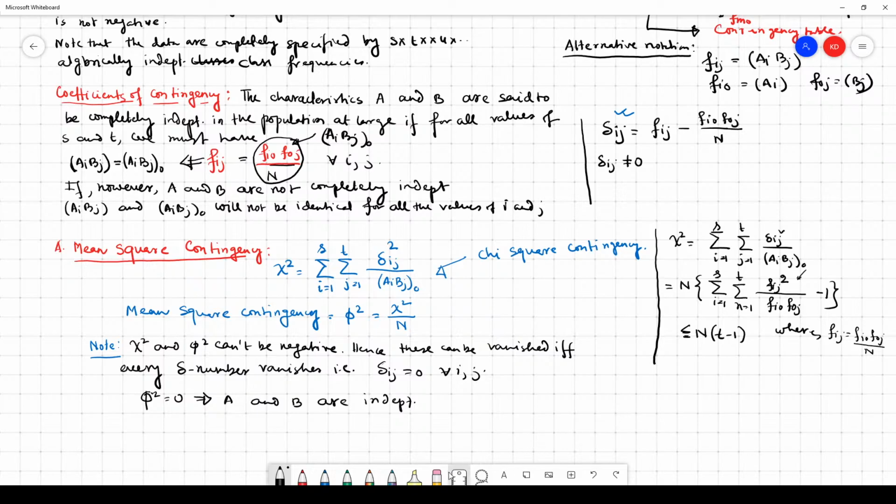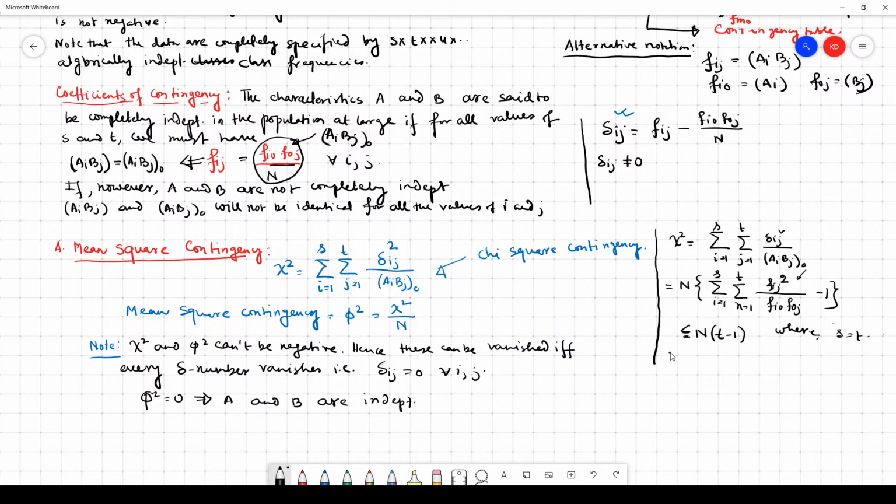Actually I mean to say the upper bound of this should be n into t minus 1 when s is equal to t.